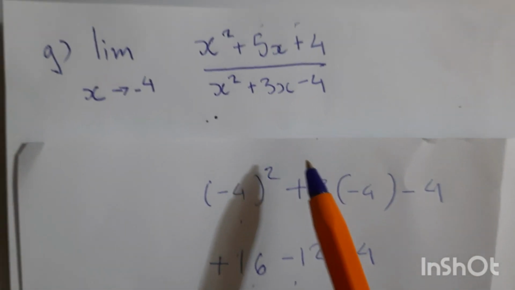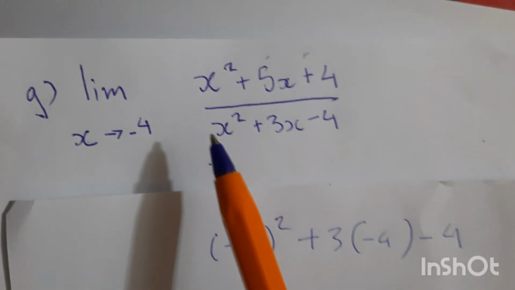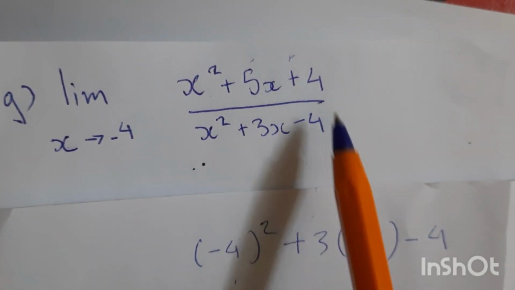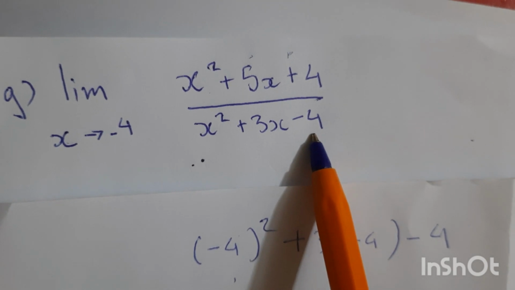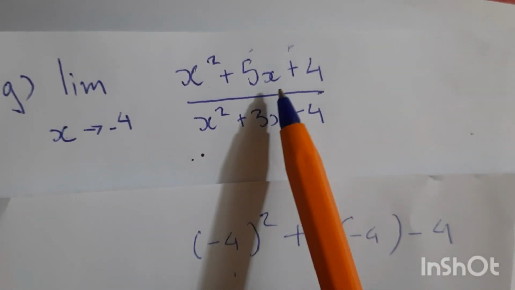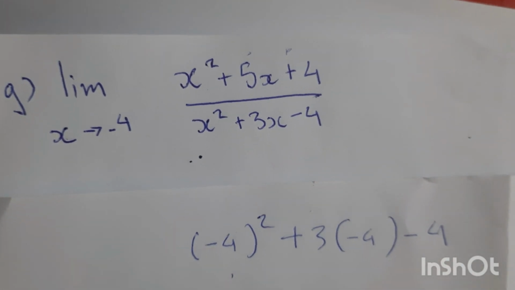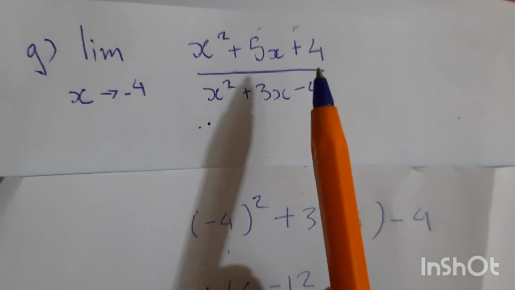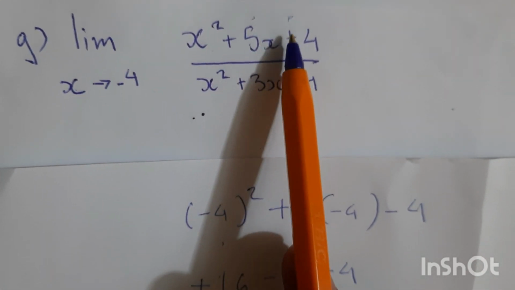So how are we going to simplify this? First, we're going to factorize this, basically break it down into its most simple components. We're going to start with the numerator first.